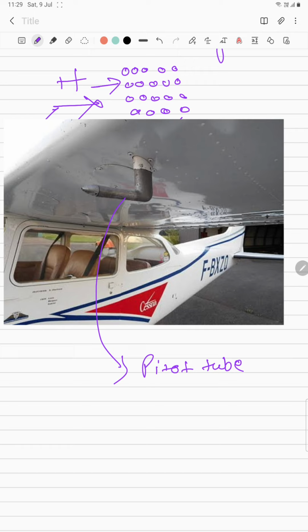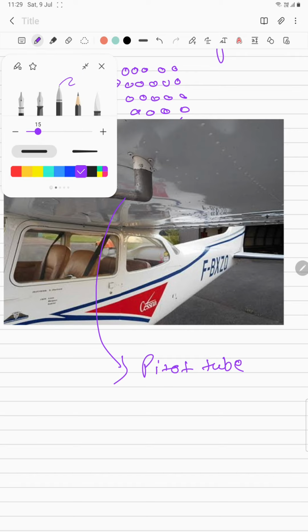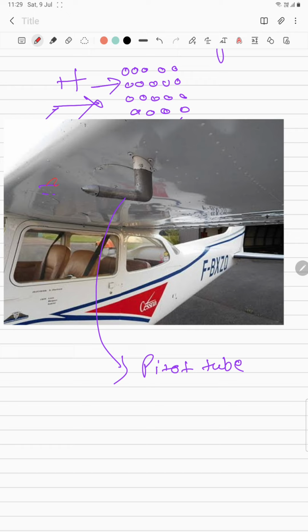Let me take a brighter color. Yeah, that would do. So see, the Pitot tube will be getting both pressures, your dynamic pressure as well as your static pressure. So this is your Pitot tube.